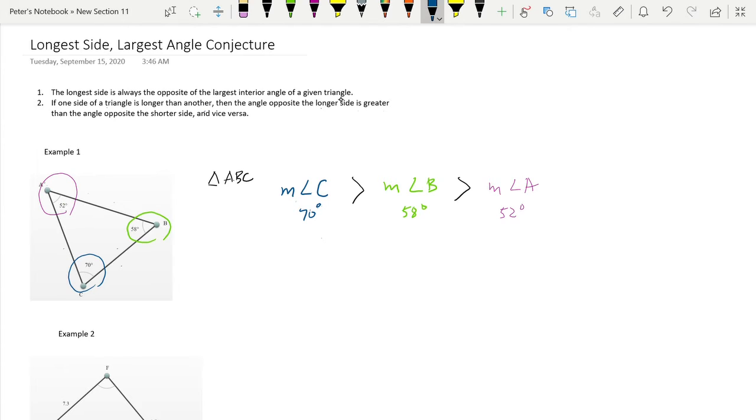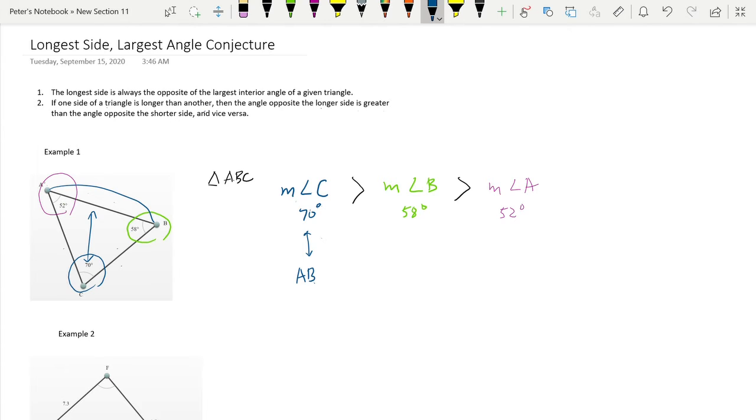And what you're going to be saying is that opposite of this angle C is segment AB, or side AB. This is the length of segment AB, and that is going to be your longest side.